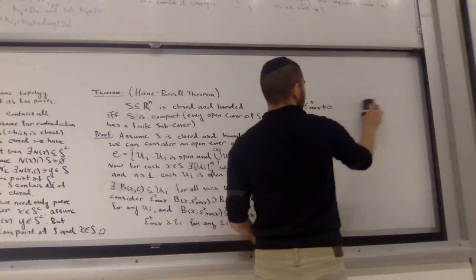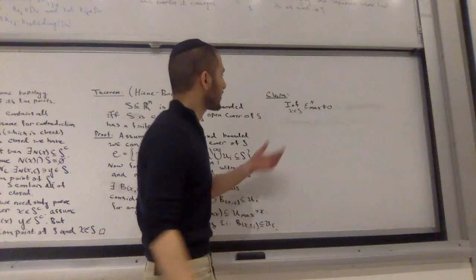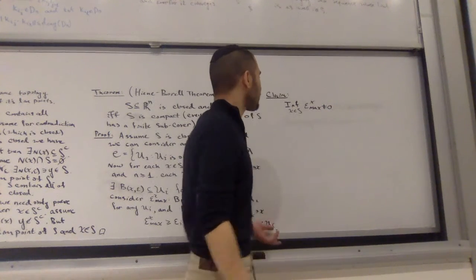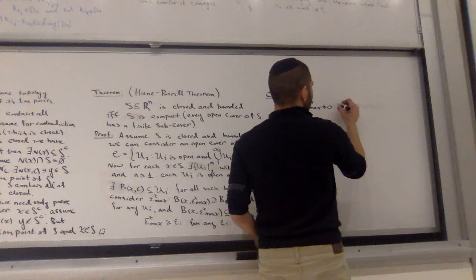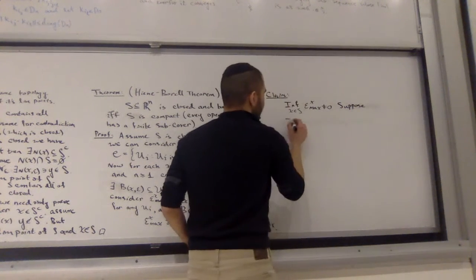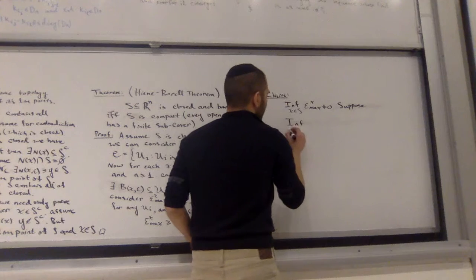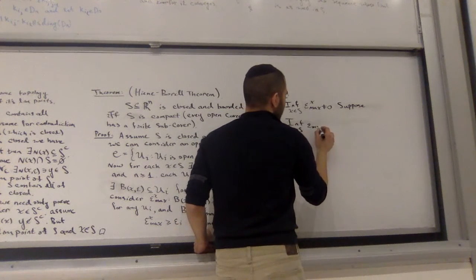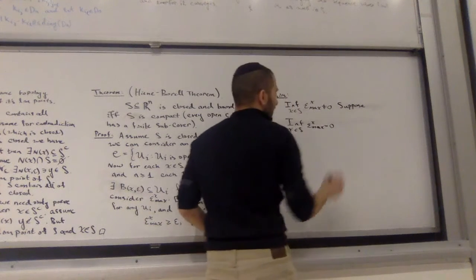All right, we claim that the infimum over x in S of epsilon max x is not zero. Suppose it was zero. That the infimum of epsilon max x did equal zero.